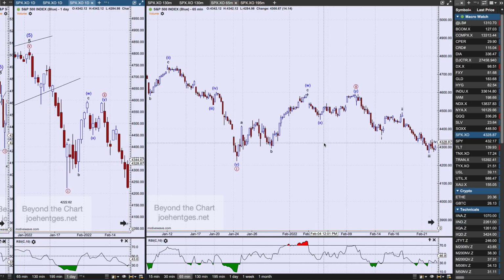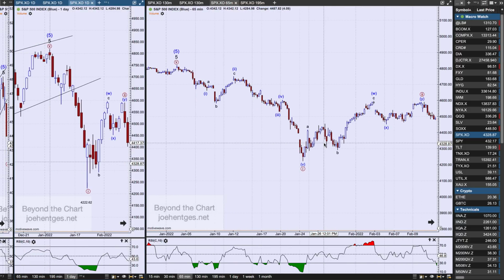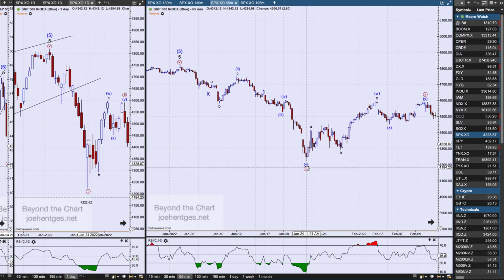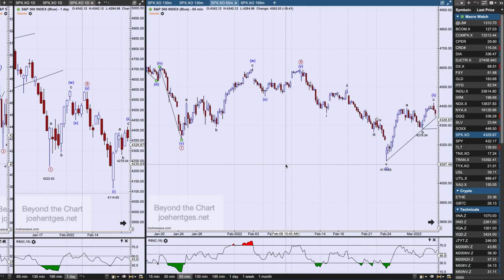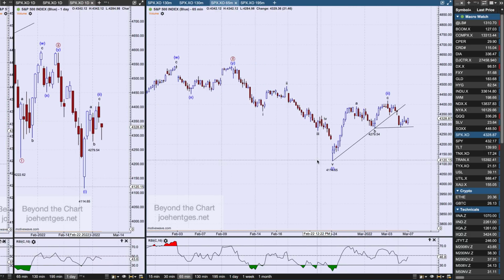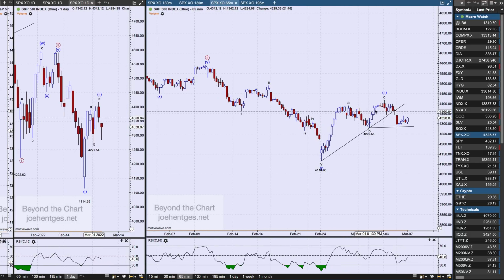And over here, the same kind of thing happened in the first wave down right here. Okay, so that is the picture that we've got. That's the wave count. The interesting thing is when you look at this hourly view, on Thursday at the close of business, I was pointing out to my members, I said, we broke the trend line in the last hour of the day. It'll be interesting to see if we get any kind of follow through.